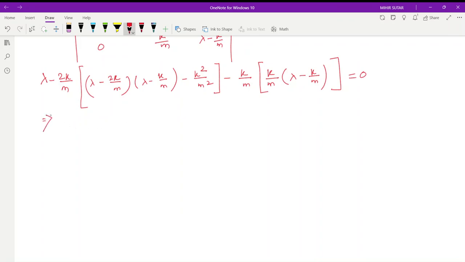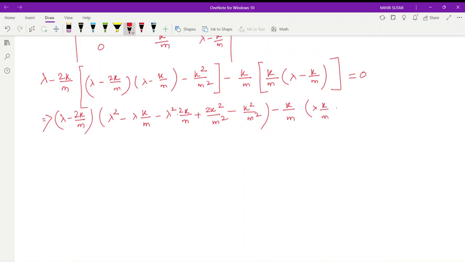So if we further solve it, we will have lambda minus 2k by m into lambda square minus lambda k by m minus lambda 2k by m plus 2k square by m square, minus k square by m square, minus k by m into lambda k by m, minus k square by m square is equal to 0.